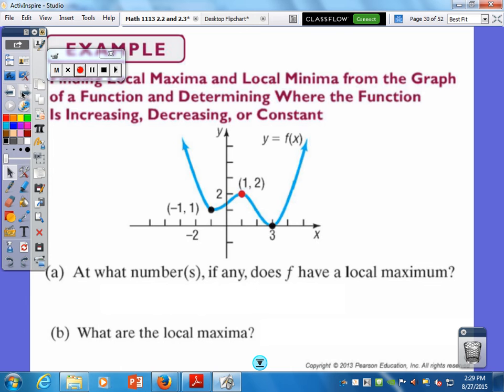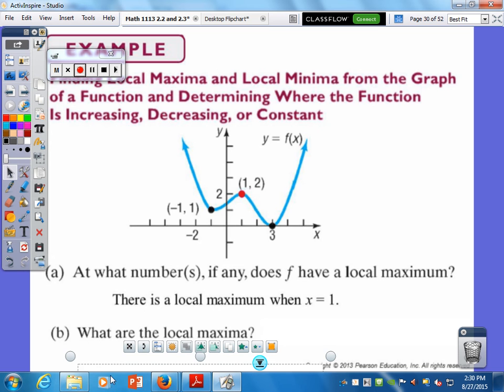So the absolute minimum would be located right here. But if we're looking at small intervals, we got a minimum that occurs here, and we've also got a minimum that occurs here. And you've got one maximum. So it says, at what number, if any, does f have a local maximum? At the number, and David said, x of 1. There is a local maximum that occurs when the x value is 1.